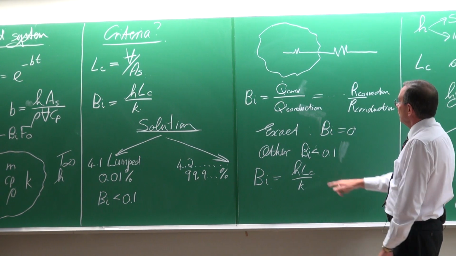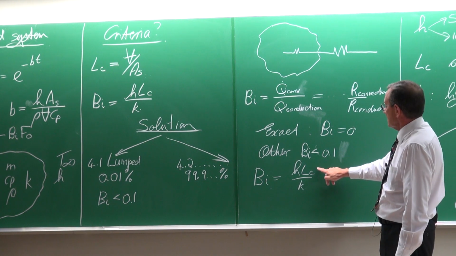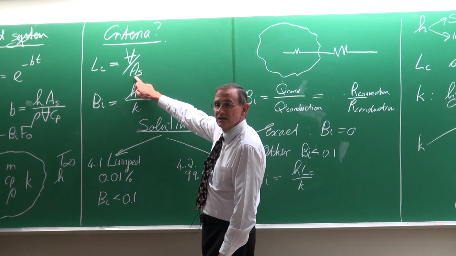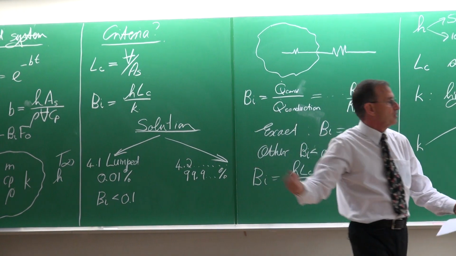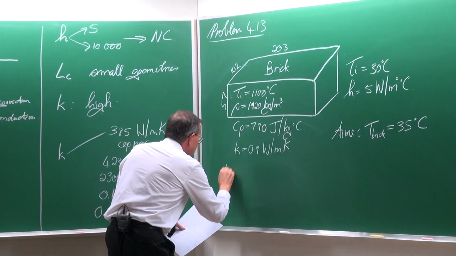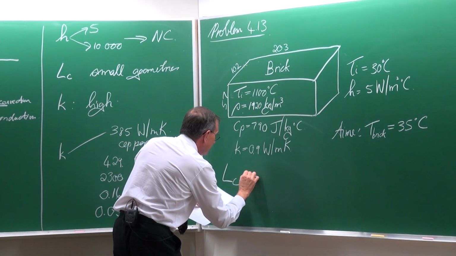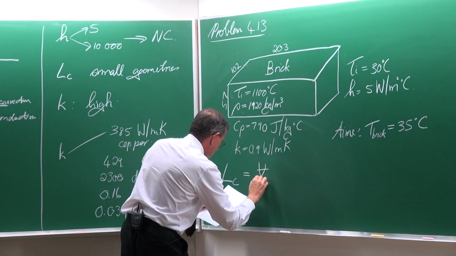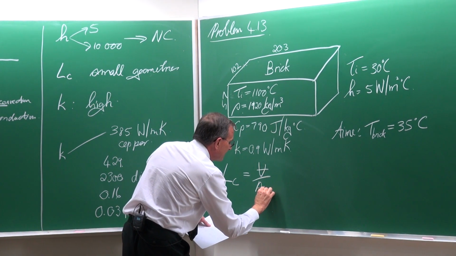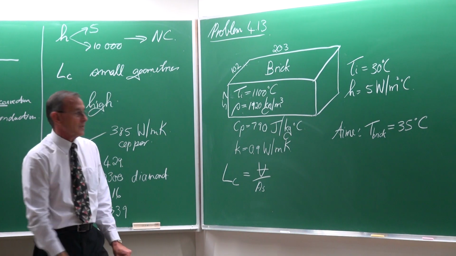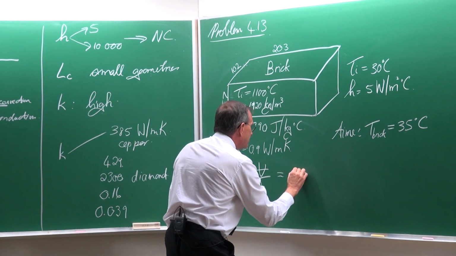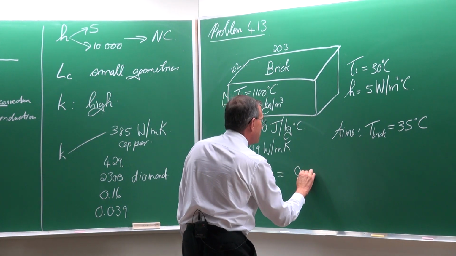Now, to do that, we first have to determine the characteristic length, and the characteristic length is the volume divided by the surface area. So let's start with this characteristic length. It is equal to the volume divided by the surface area. Okay, the volume of the brick is the 3 dimensions.